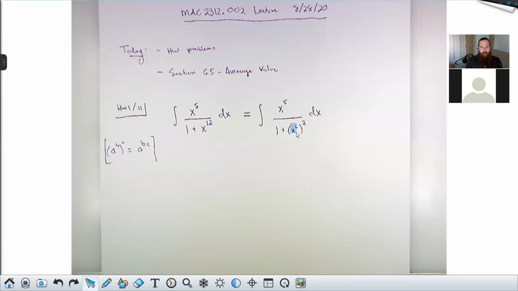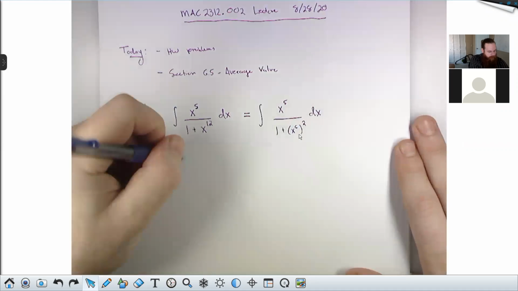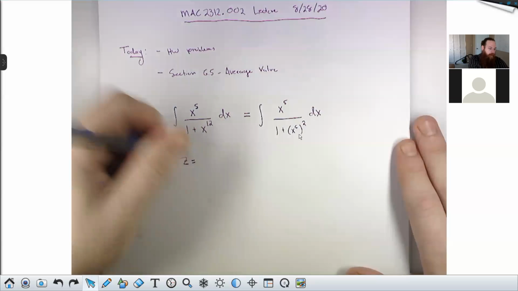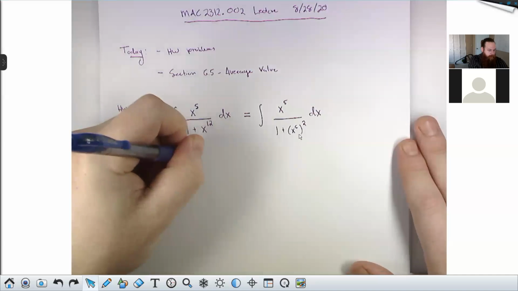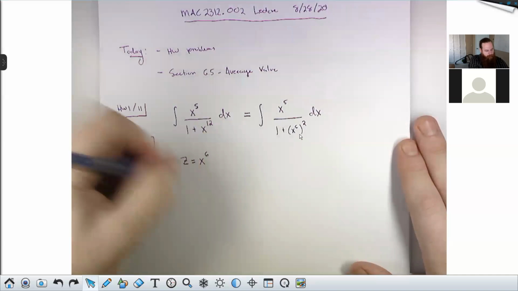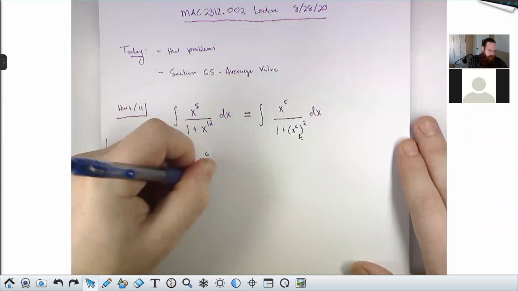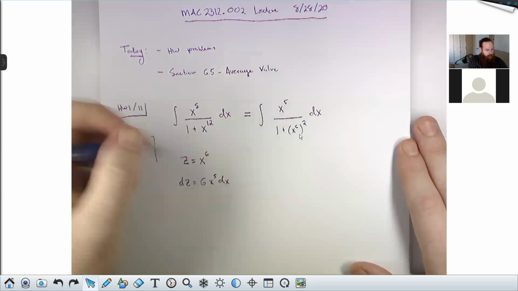So if I sub u or z equals x to the 6, I'm going to use the letter z because I do want us to start getting into the habit of using a letter other than u. I'm going to let z be x to the 6. Then dz, that'll be 6 times x to the 5 dx.